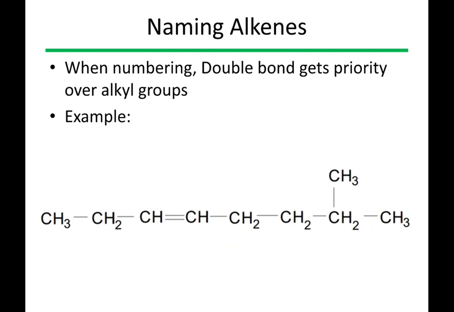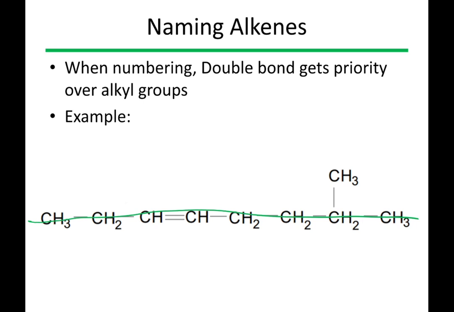If it's ambiguous and we can number from multiple places, we are going to give priority to the double bond over any other alkyl groups. So for this hydrocarbon, we can do the chain like that. We could also do the chain this way. It'll be the same longest chain either way.